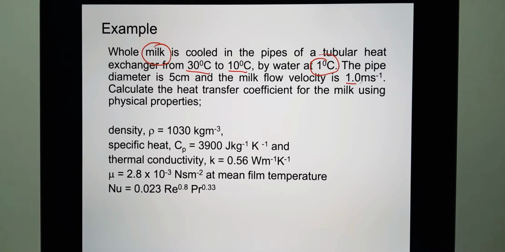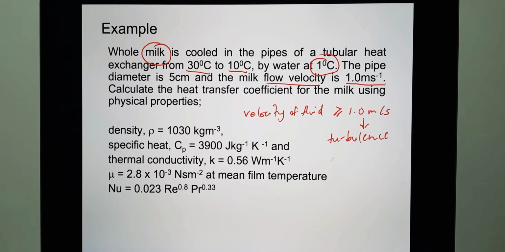Okay, when we talk about the flow velocity of a liquid, if the velocity of fluid is greater or equal to 1.0 meter per second, we can consider that the flow of the liquid is turbulence. This one you are going to learn further in chapter 7 about the flow properties of a fluid.